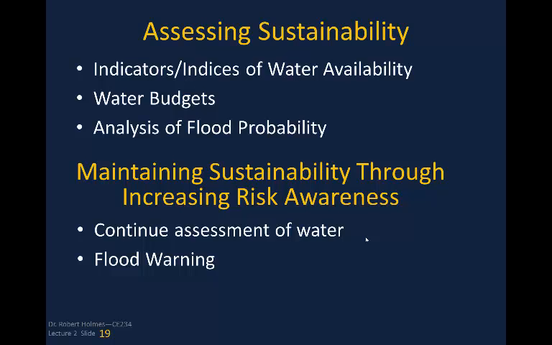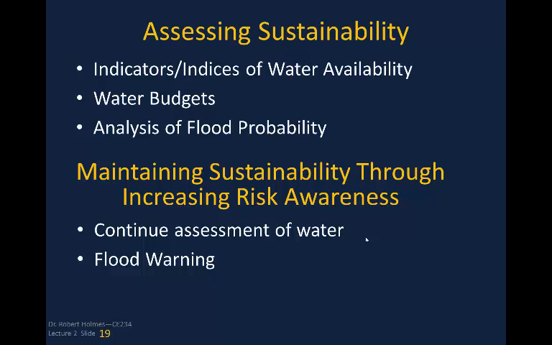And if we look at having either too much or too little flow or water, we can look at probability of the streamflow or the flood probability. If we're maintaining our sustainability through increasing risk awareness, we've got to continually assess the water situation, because nothing is static. Part of that is looking at long-term data and trying to predict future trends.